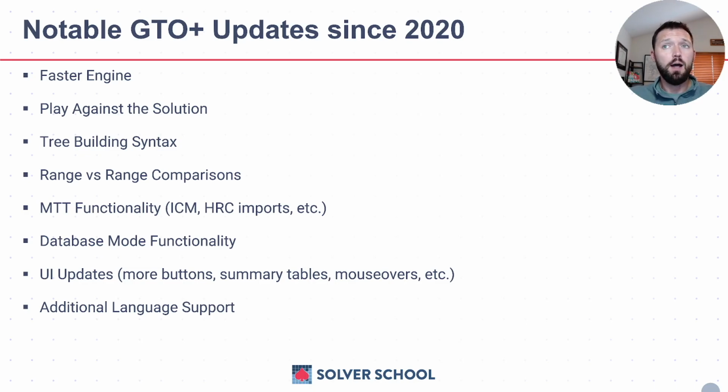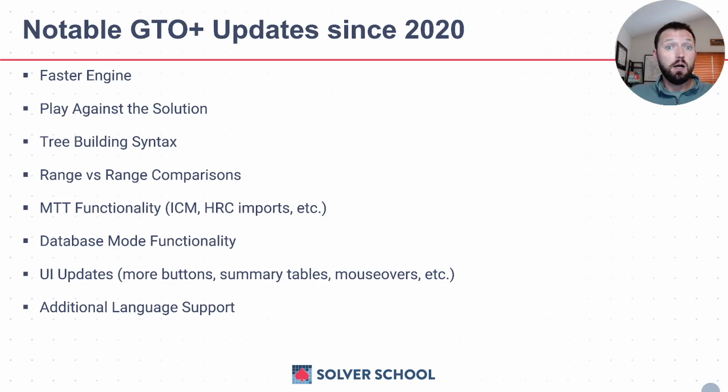There's a really cool feature, one of my favorites perhaps, which is the range versus range comparisons, which GTO Plus has added as a nice different way to browse through the UI. They've added some MTT functionality, so they've added the ability to add ICM into your calculations. They've added some integrations with HRC so that you can easily import any trees or settings that you've built in HRC.